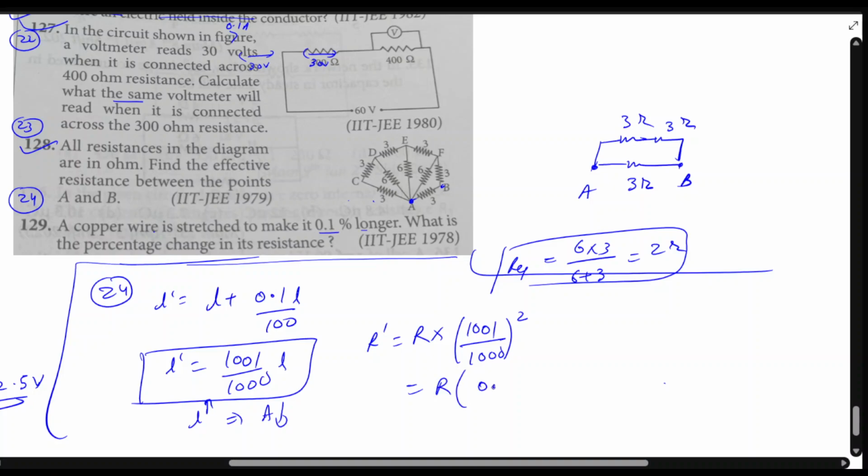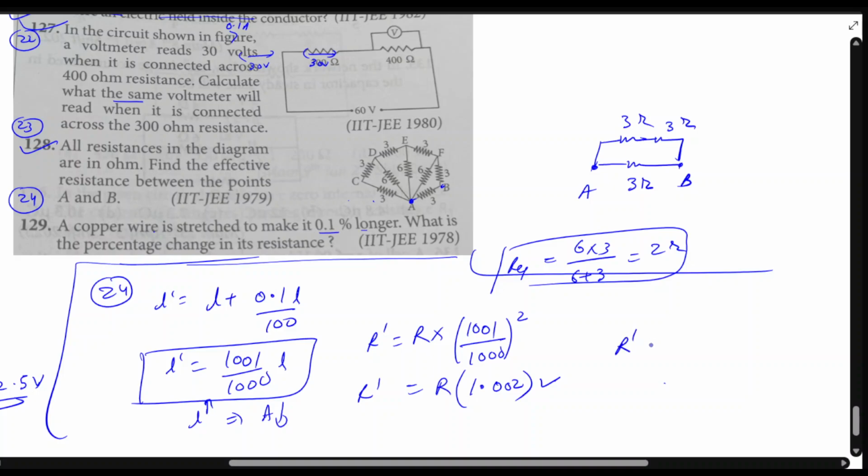We will get 0.2, right? No, so this will be, let me use the calculator. I think it was 1.002. Yes, so let me just check it. Yes, so it was this.